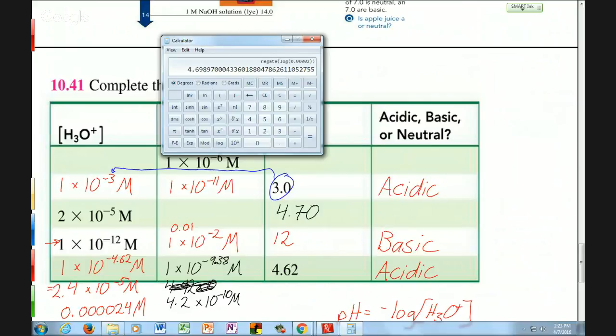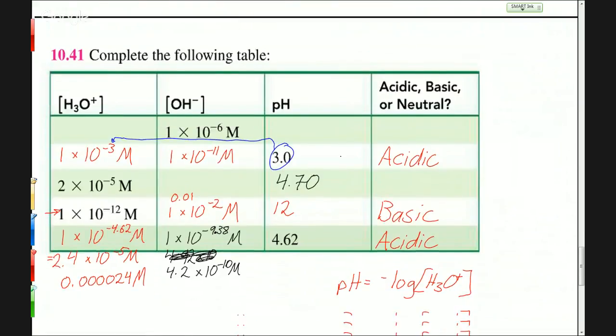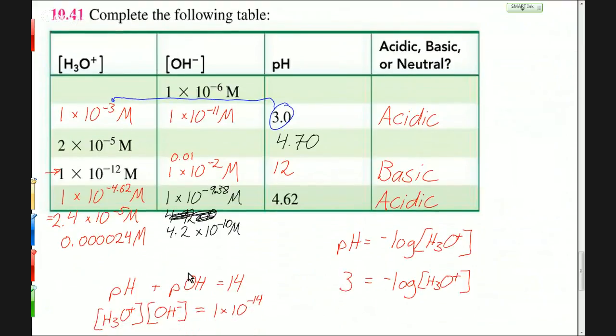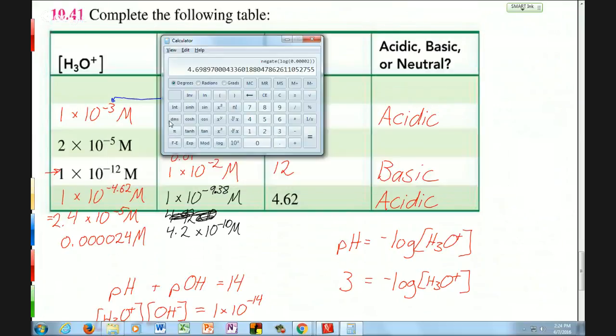All right. So then to find the hydroxide ion concentration, we would do the same thing from 14, or we can just do it from here with dividing. So we can say 1 times 10 to the minus 14 divided by this. Depending on your calculator, it might be easier to do it one way or the other. On my calculator, that's going to be difficult.